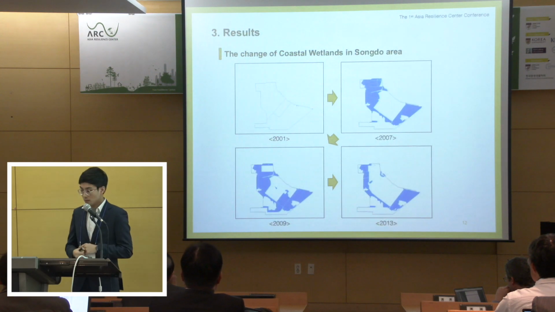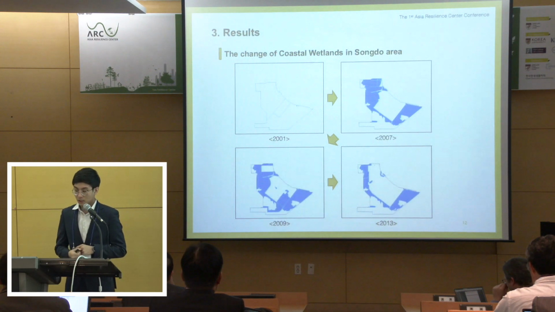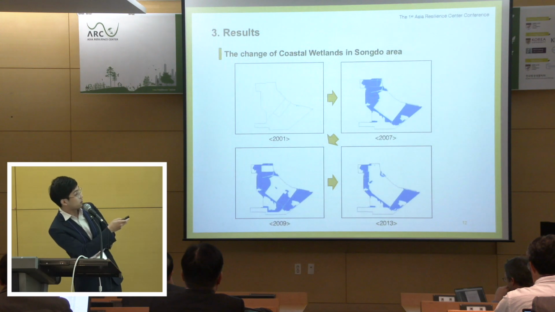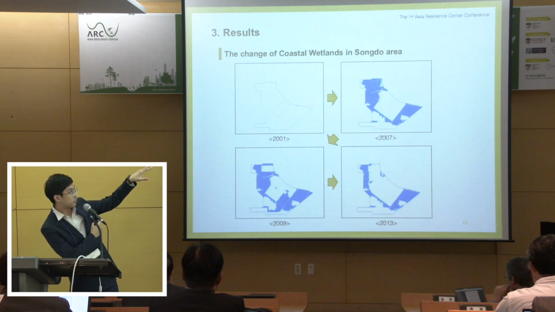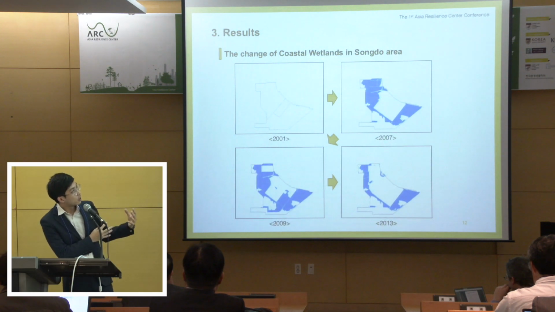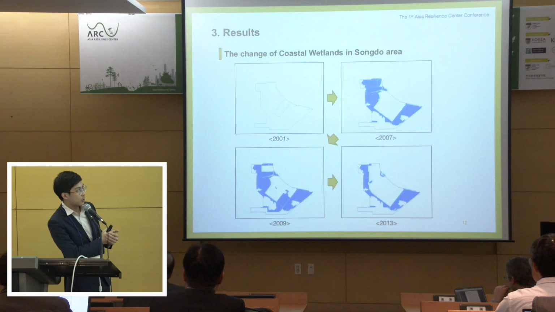First, we analyzed the change of coastal wetland in the Songdo area. As you can see, in 2001 the coastal wetland area is very tiny, because before the reclamation in 2005, these areas were mostly composed of seawater area.